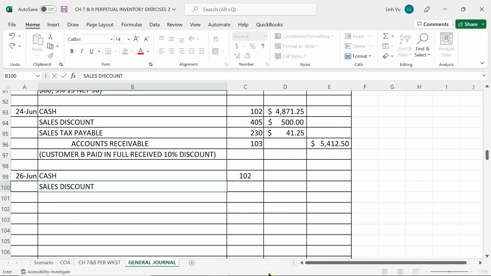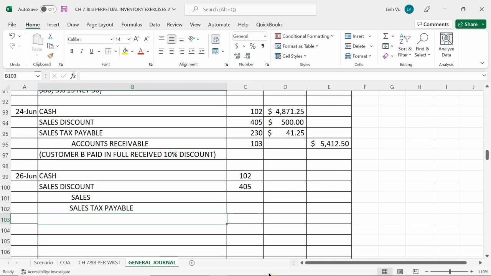So sales discount, which is 405. Then, of course, we're going to charge sales tax after the discount. So first sales, then sales tax. We're going to charge the tax after we take the discount.